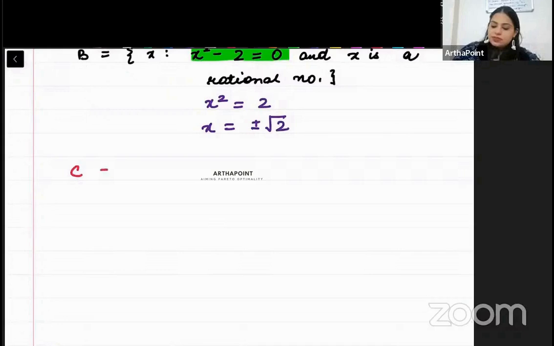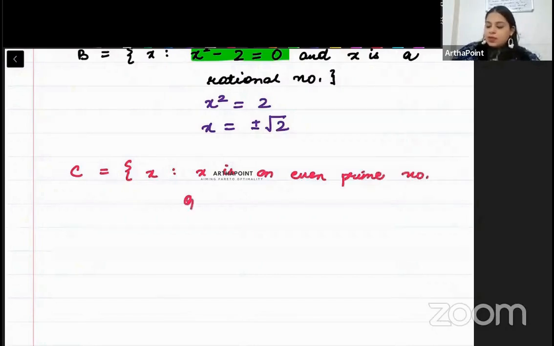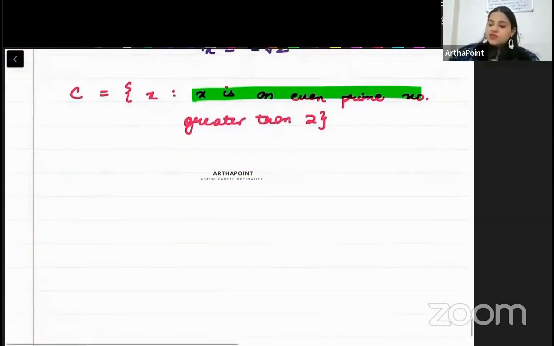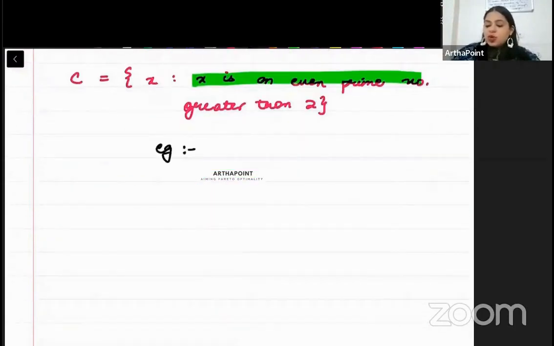अच्छा, third. C. X is such that X is an even prime number greater than 2. बेटा जैसे ही हम कोई भी इवन नंबर लेते हैं ग्रेटर देन 2, 4, 6, 8, कोई भी इवन नंबर ले लो, it will not be prime, it is composite ना, because 2 will be one of the factors of it. ठीक है, so जैसे for example सिर्फ 2 एक ऐसा प्राइम नंबर है जो इवन है ना, so 2 के फैक्टर्स हैं 2 and 1.